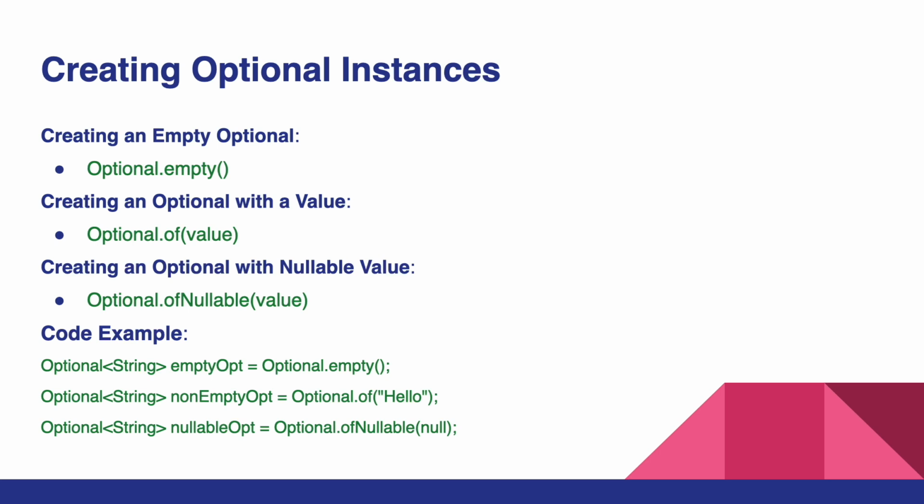Optional.of method. This method is perfect when you are certain that the value is non-null. It throws an exception if you try to pass a null value. Optional.ofNullable. This method is more flexible as it accepts both null and non-null values, wrapping null into an empty Optional.